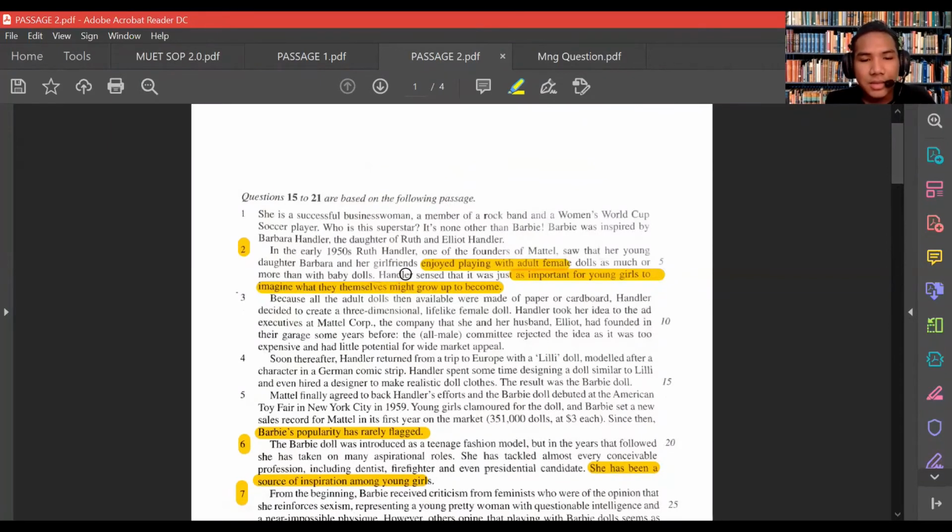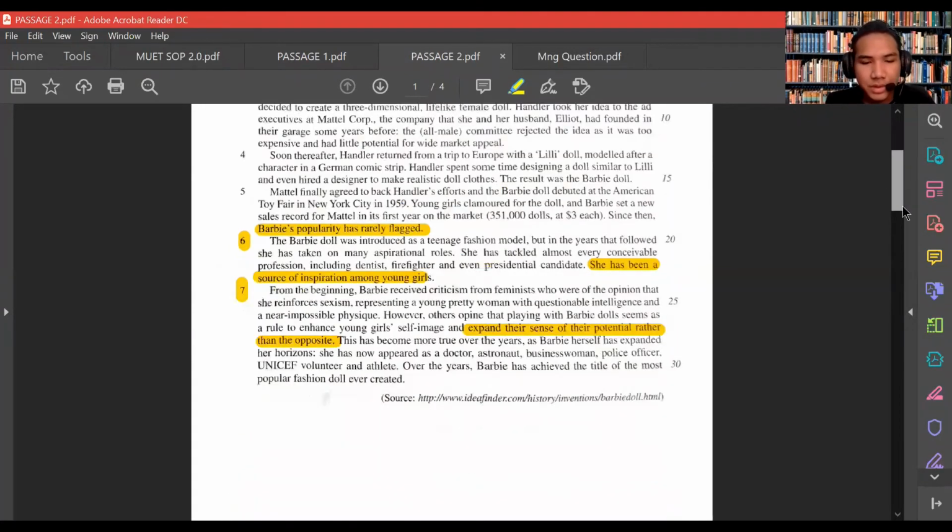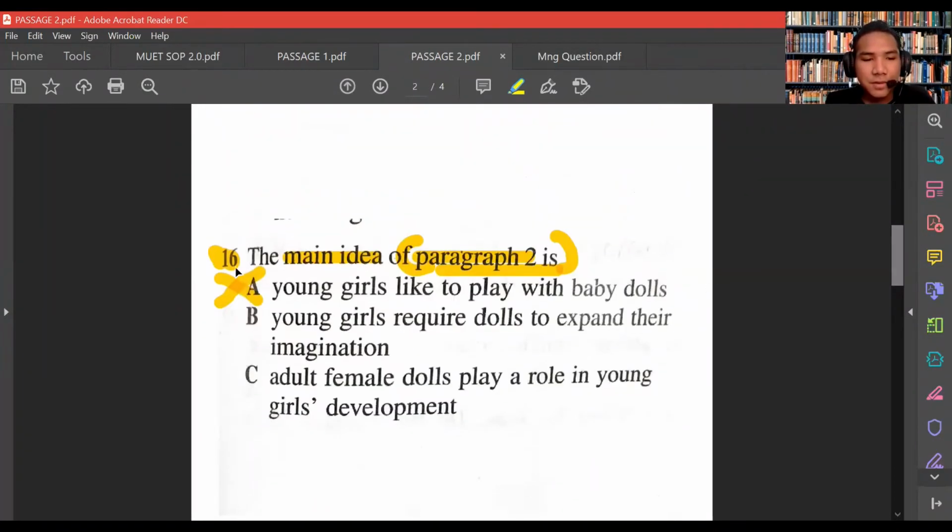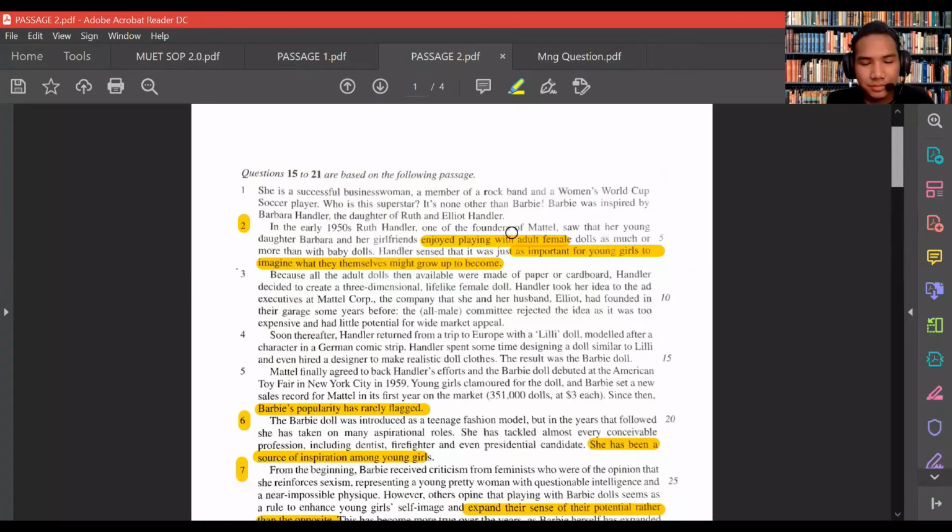So the answer for question 16 is C, as the main idea of paragraph 2 explains that adult female dolls play a role in a young girl's development, as we can relate it with the keyword we just found in paragraph 2 itself.